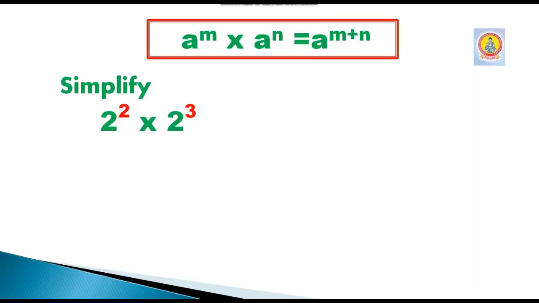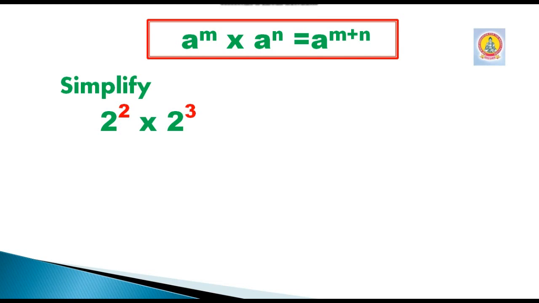Now let us see some sums based on the first law. First law is a raised to m into a raised to n is equal to a raised to m plus n. Here we have two exponents, 2 square into 2 cube, 2 to the power of 2 into 2 to the power of 3.